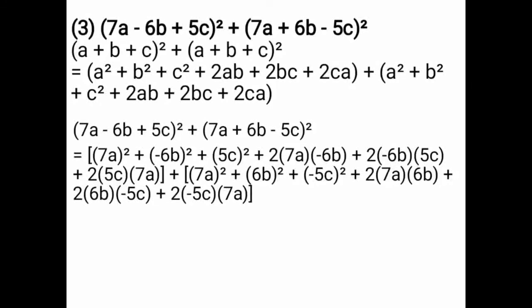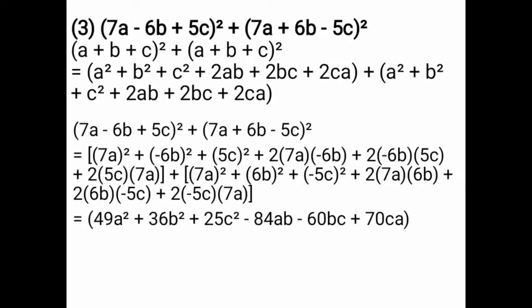After writing the expansion of both brackets, underline 2ab plus 2bc plus 2ca. This is of the first bracket and this is of the second bracket. All this you have to multiply now in both the brackets.